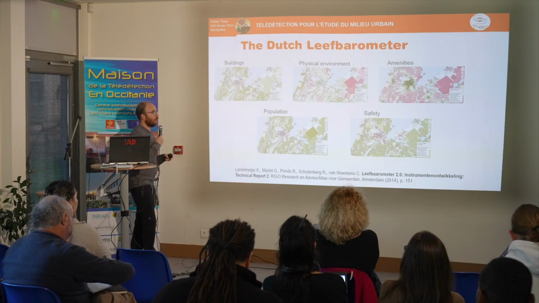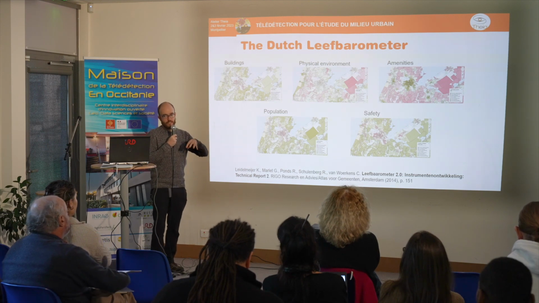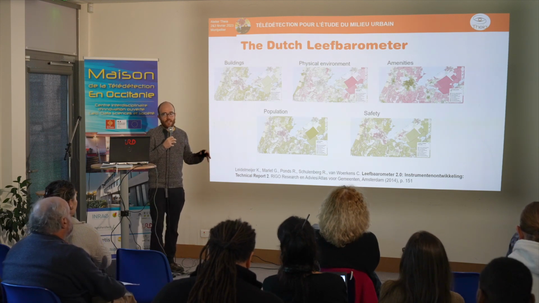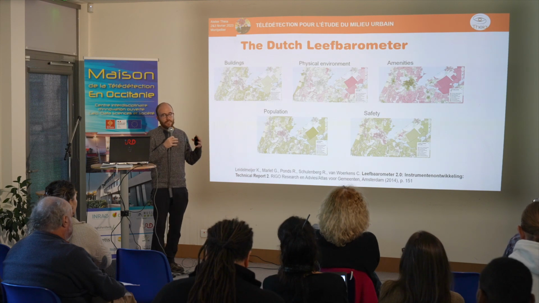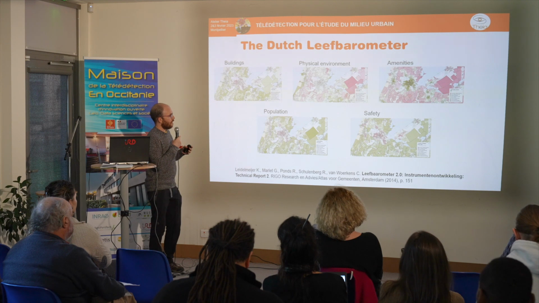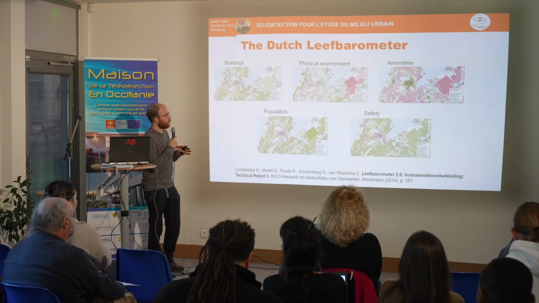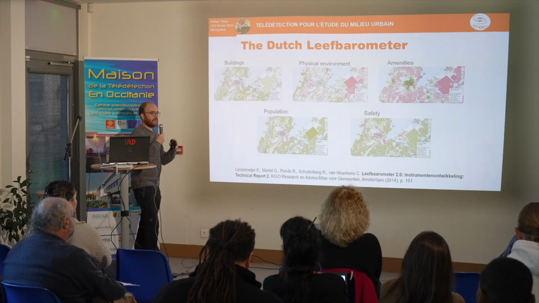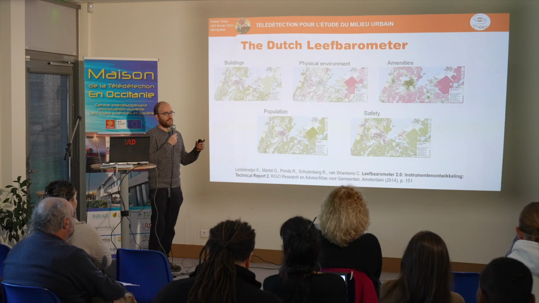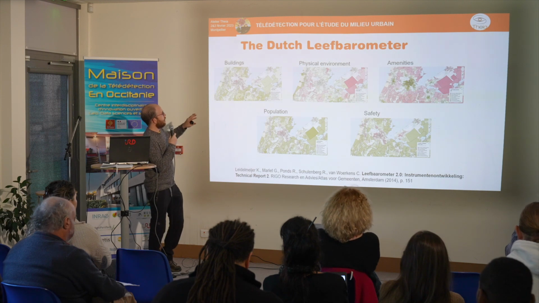On top of that, they try a posteriori to split the general livability score that inhabitants perceive into 5 sub-scores that relate to a different subset of these 100 explanatory variables. So they are grouped in these 5 domains.